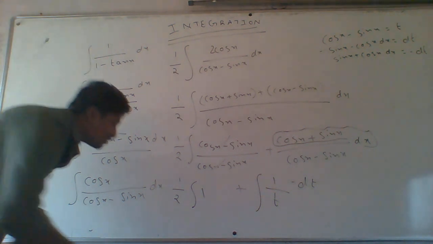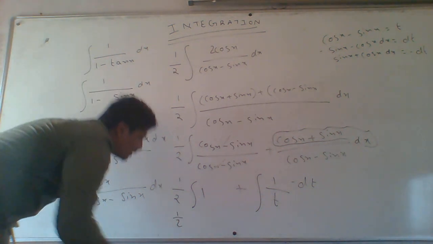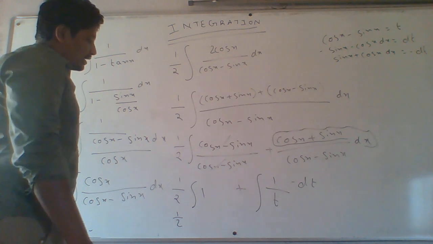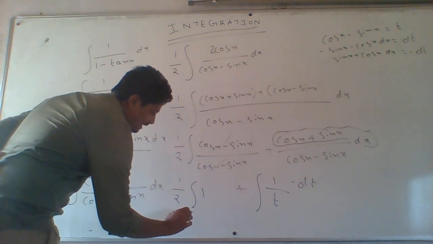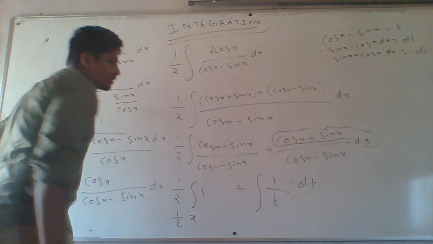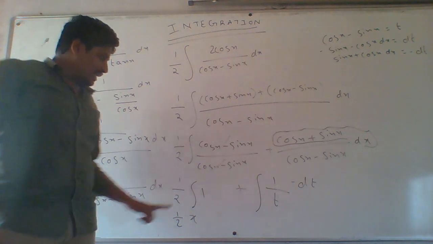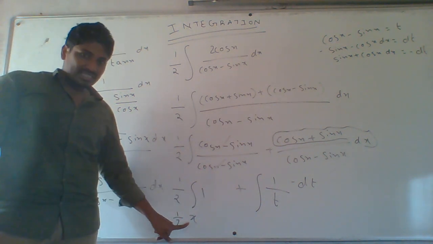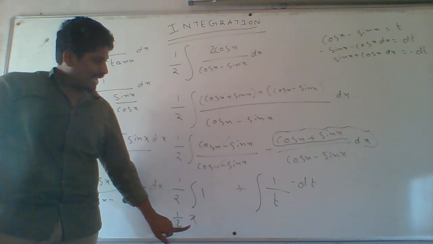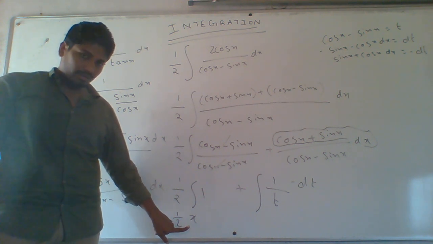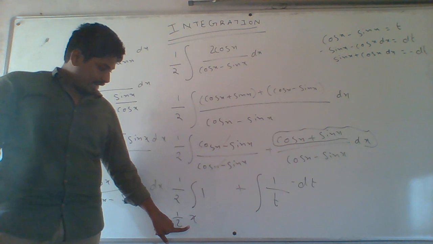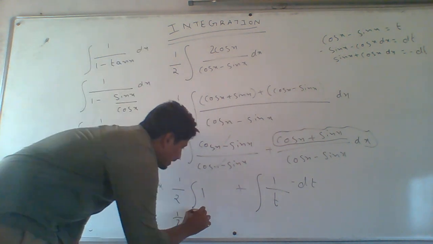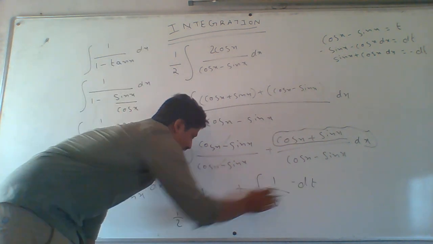Now apply the integration formula. 1 by 2 into, here, what is integral 1? Integral 1 is x. Be careful, here we are doing with respect to dx. Integral 1 dx is x. Okay? Plus, here we are doing with respect to dt.